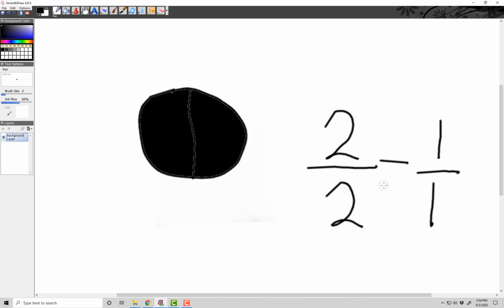If I can make an equal sign. I don't know why this thing doesn't want to make an equal sign. There we go. It's kind of like an equal sign, okay?